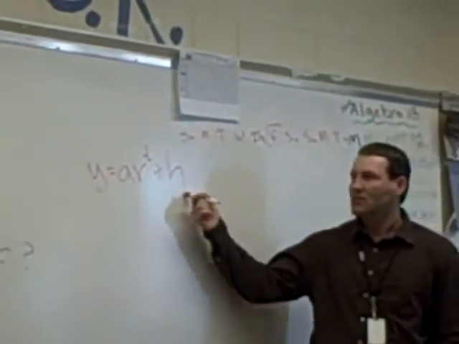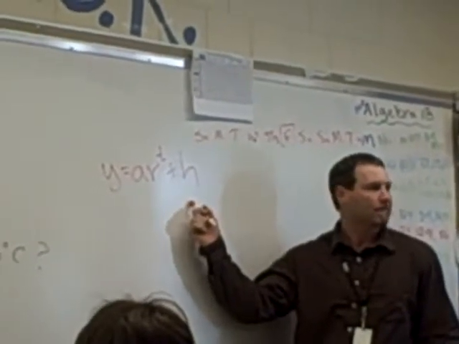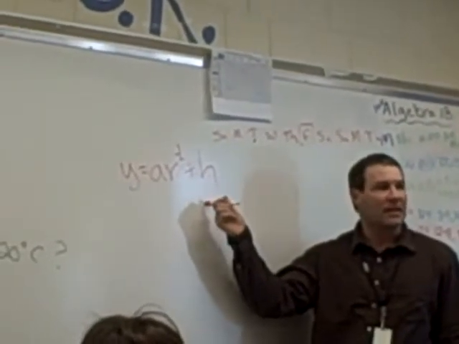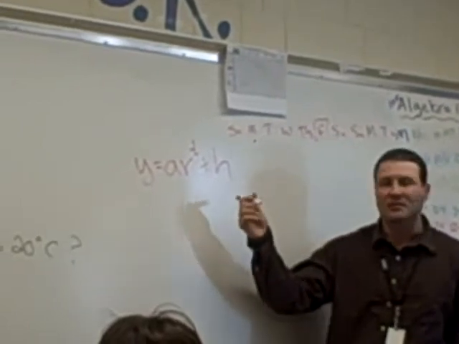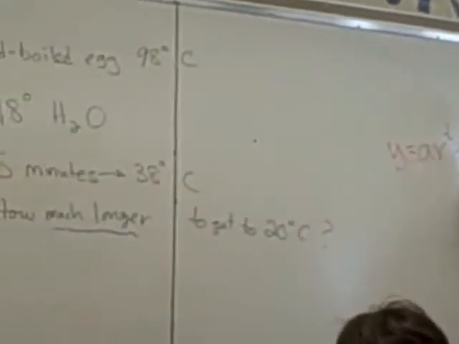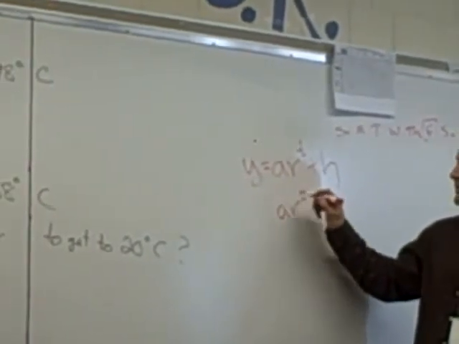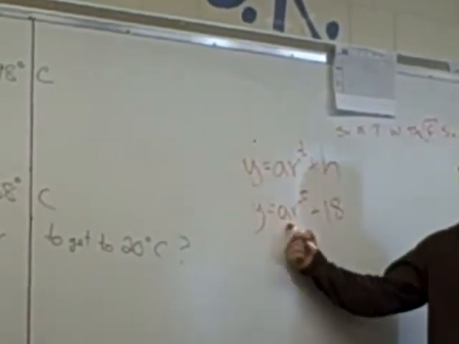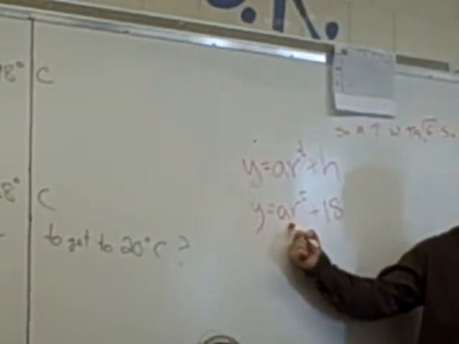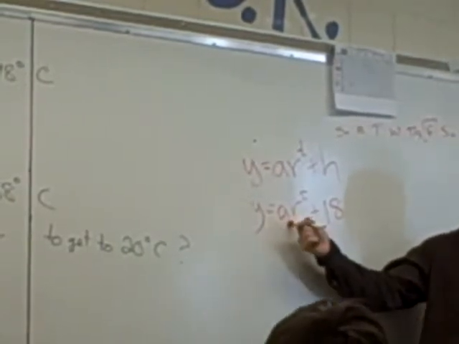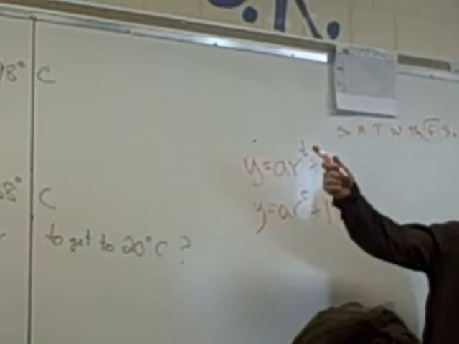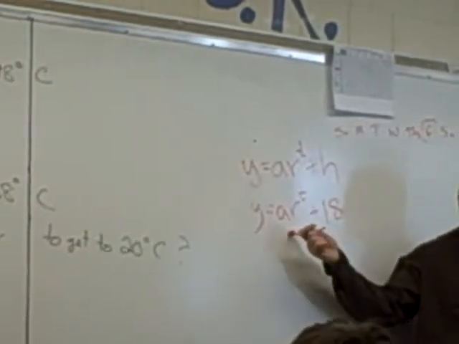What's my H? What's it approaching? 18. 18, right? It's going to become 18 degrees. All right, and a lot of times people will put A as the initial temperature or the initial amount, but in this case, A is not going to be 98.